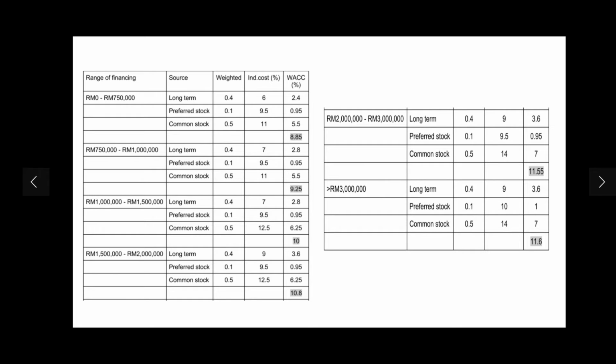The final step is to find the WACC. To get the WACC, the weight must be multiplied by the individual cost. The total from the 3 sources is the WACC, and the last WACC that we get is 11.6%.